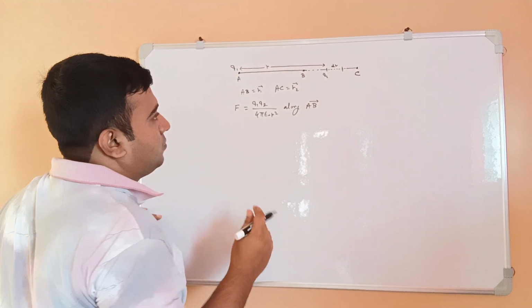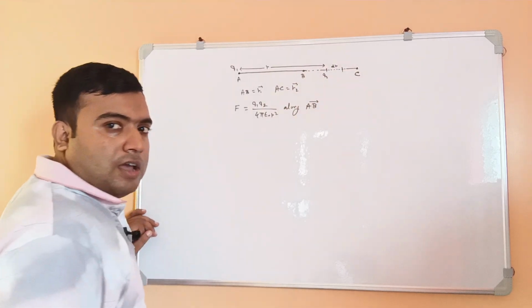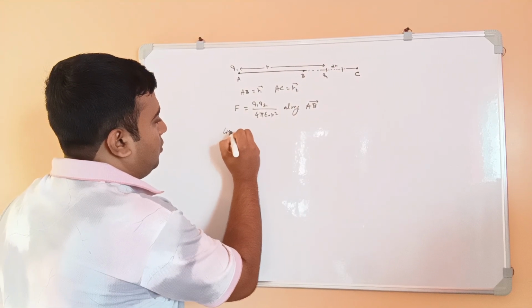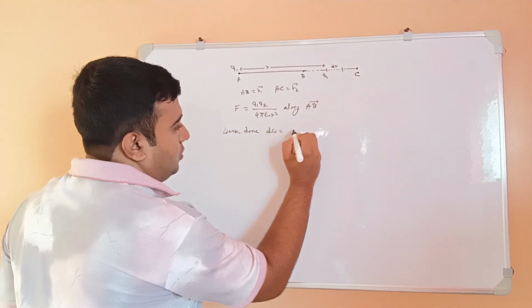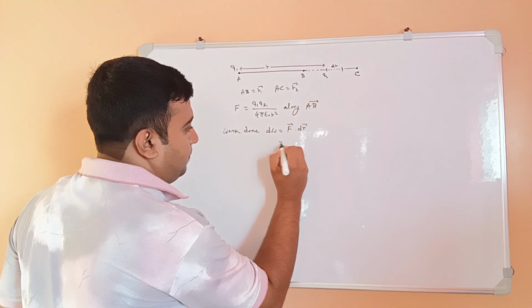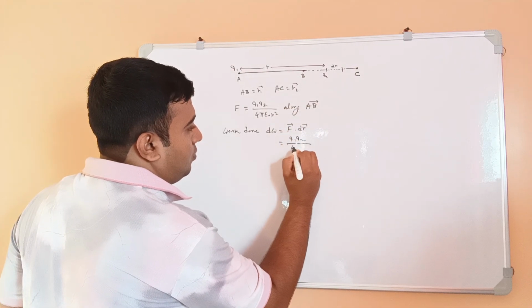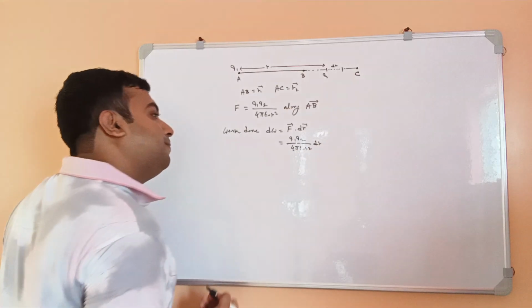So if the charge Q2 is moved by a small amount dr, the work done dW is equal to F dot dr, that is Q1 Q2 by 4 pi epsilon naught R square dr.